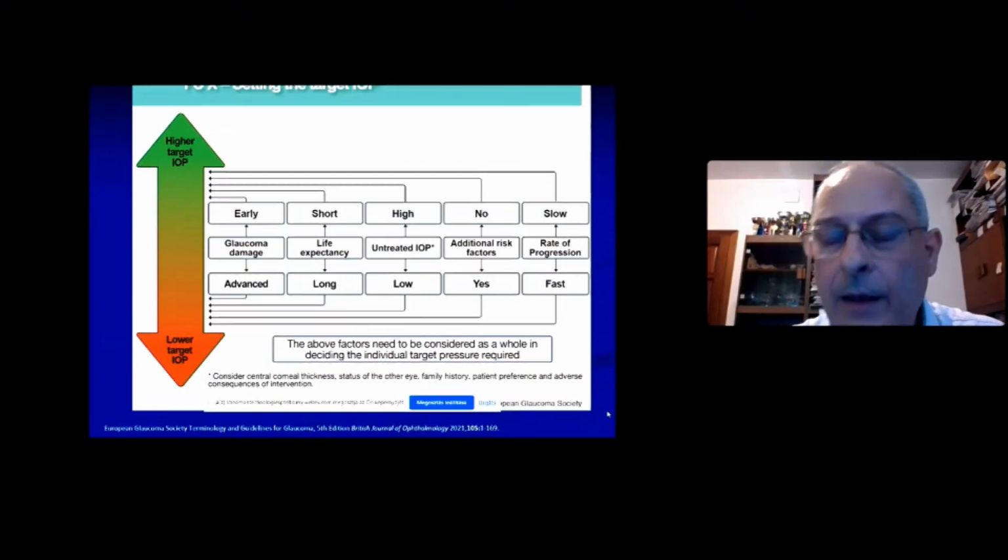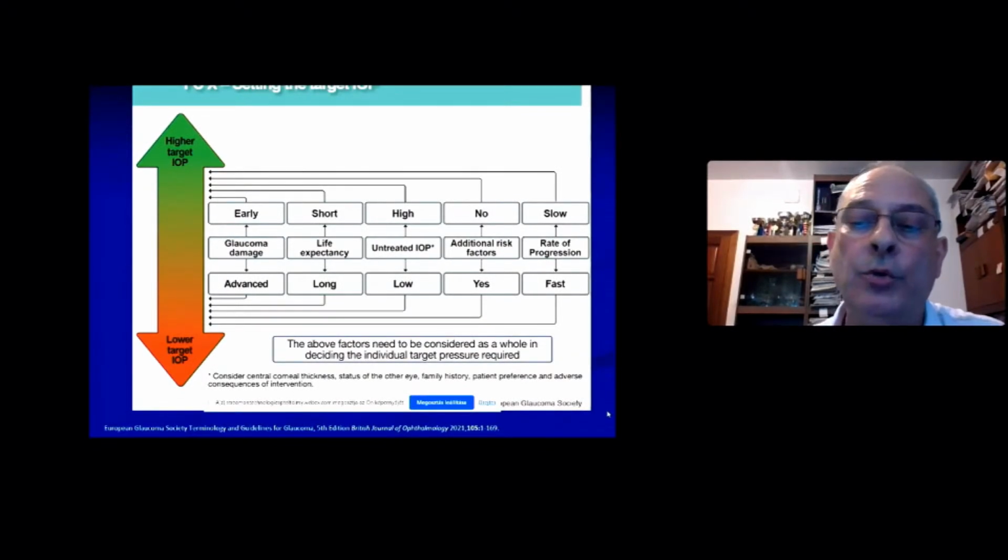This is not everybody, but this is the majority of the open-angle glaucoma patients, and those patients should be provided with sufficient IOP reduction and well-tolerated medications.